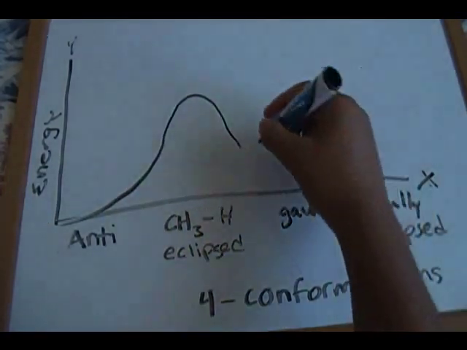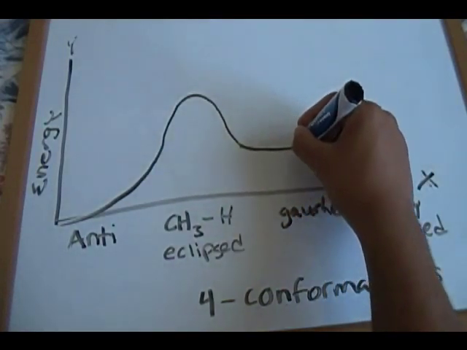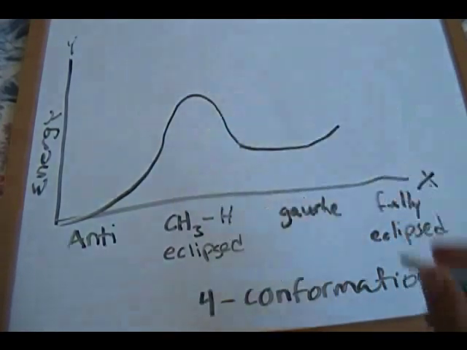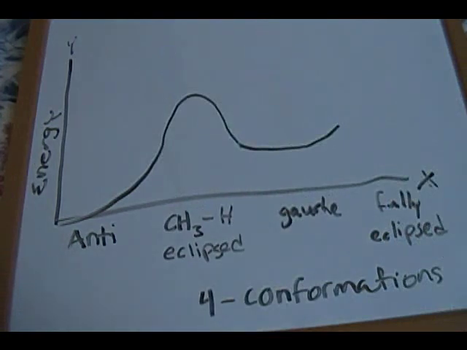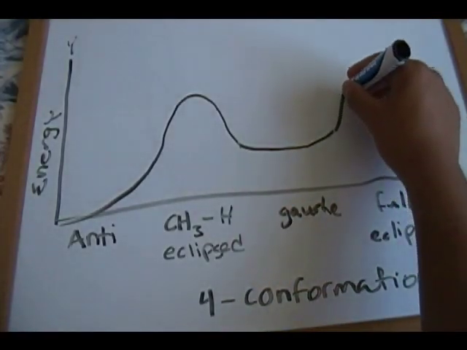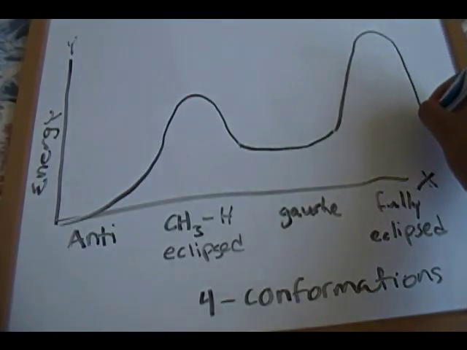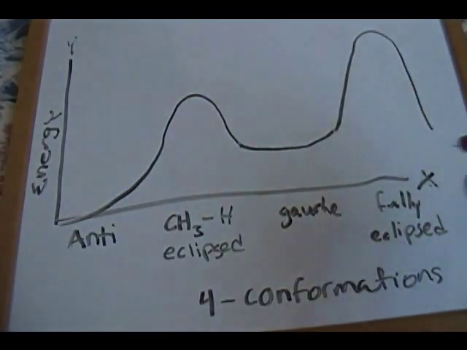Then when you get to gauche, we have a little bit of steric strain, but barely any torsional strain because of the lack of eclipsing; the gauche conformation is staggered. So all we have there is just a little bit of steric strain, no torsional strain. And as we get to finally the fully eclipsed, the peak gets even larger because now the methyl groups are interacting with each other, and that is what finally concludes it.